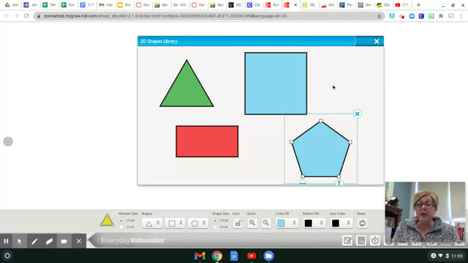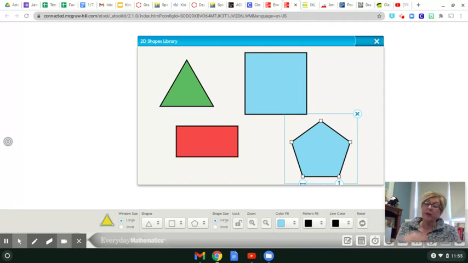Okay, all of these shapes are what we call polygons. Polygon is just a fancy word for a shape with many sides. I could put up other examples. You may have heard of an octagon or a hexagon. Those are all other examples of polygons. All of these are polygons because they have many sides, different numbers of sides.